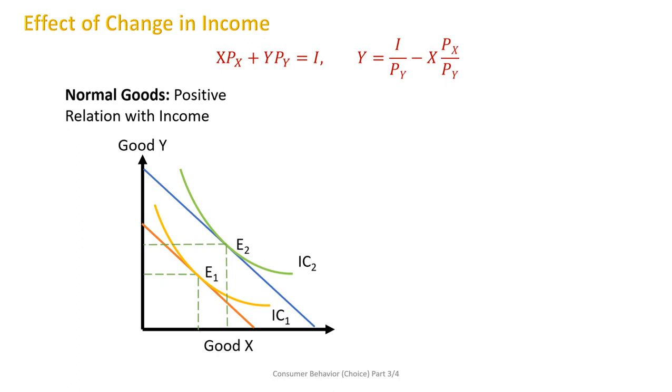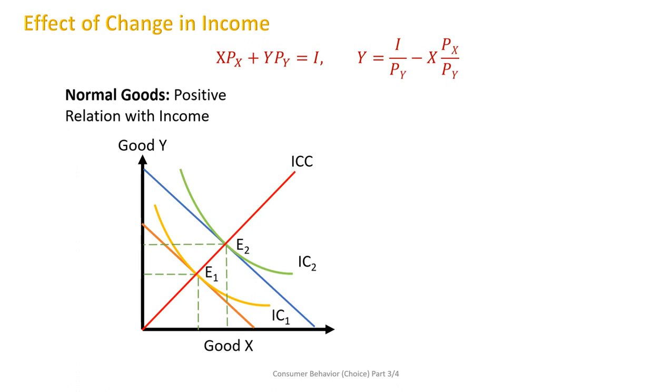He is in equilibrium where the new budget line is tangent to the new indifference curve, represented by point E2. If we join both these points E1 and E2 with a curve, such a curve is called the income consumption curve.